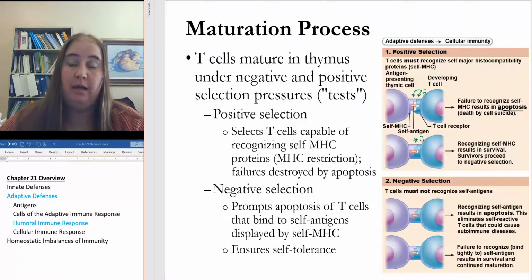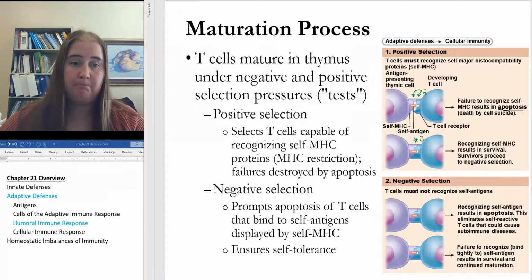So, in positive selection, if the receptor of the T cell does not recognize the MHC molecule, it dies. We want it to recognize, because again, remember, the MHC molecule is what identifies this cell as belonging to self.